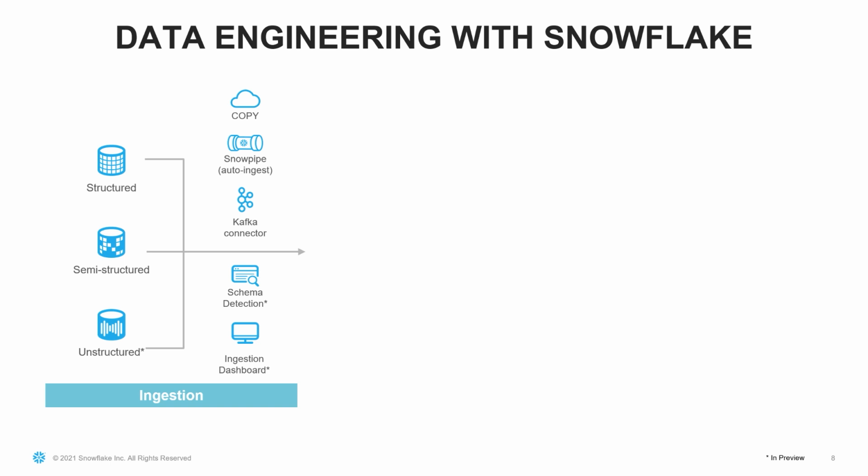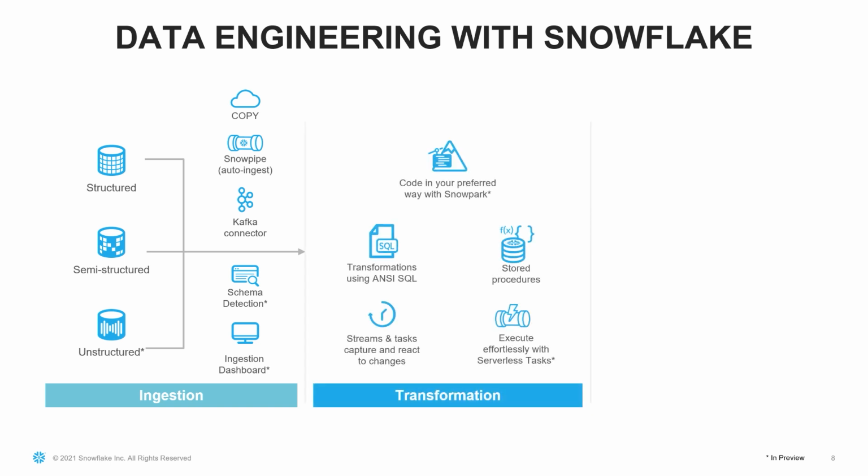Once the data lands in Snowflake, then you can perform transformation using ANSI SQL. Those of us who are more comfortable using Java, Scala, or Python, we will talk about Snowpark, how it's making it easier for you to perform the same transformations in Snowflake without worrying about the language.